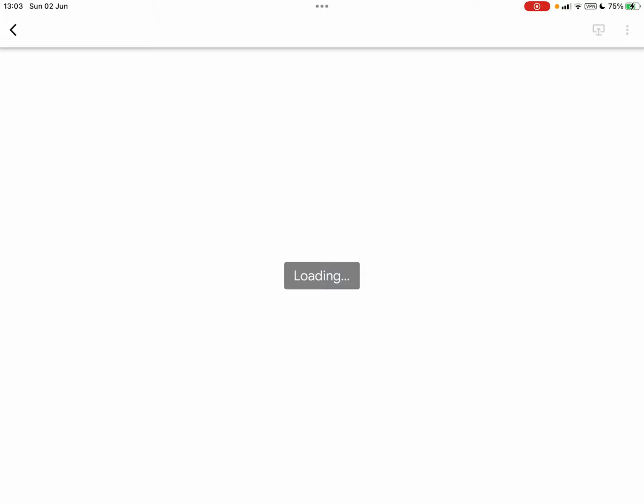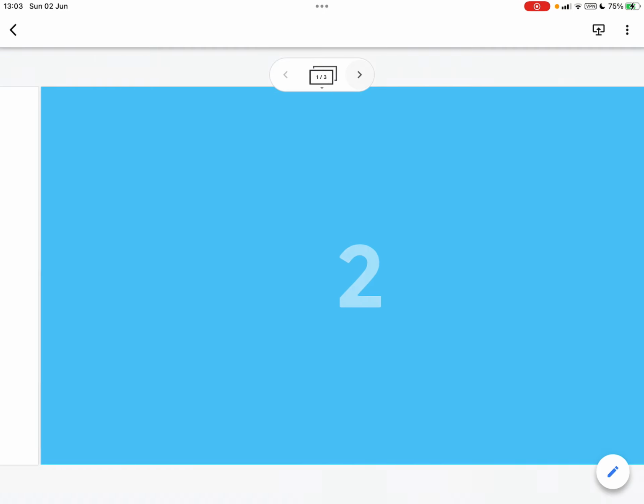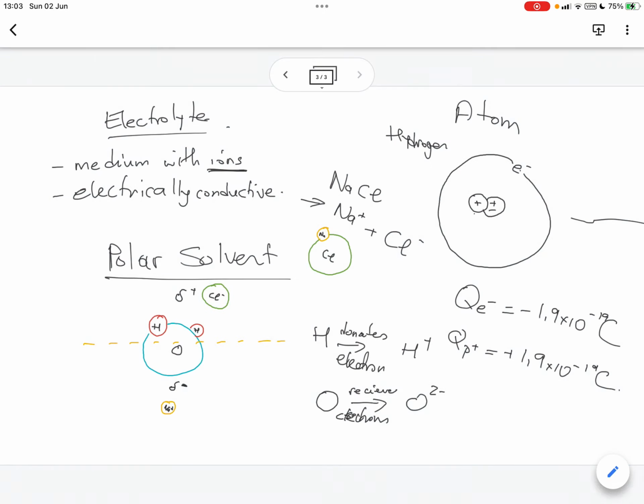Or let me just do this. Could you move this one specifically? Yeah, this specific one. Open that up, open it up again.